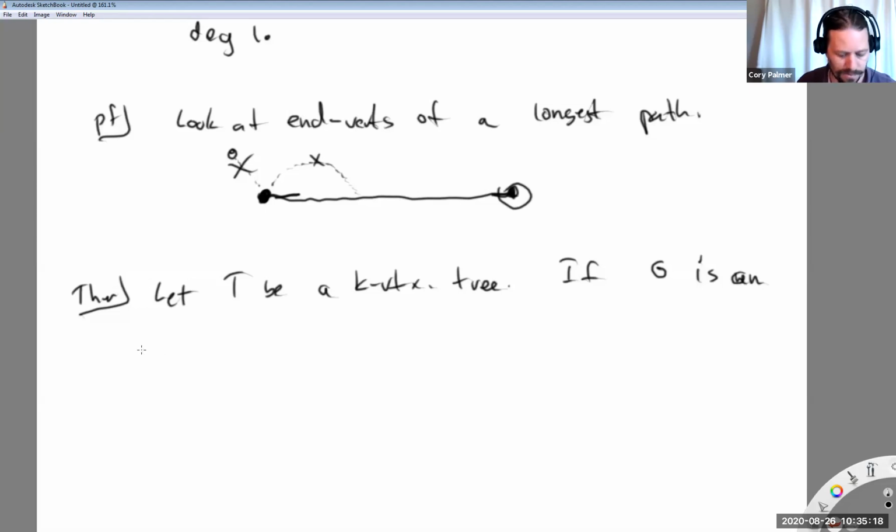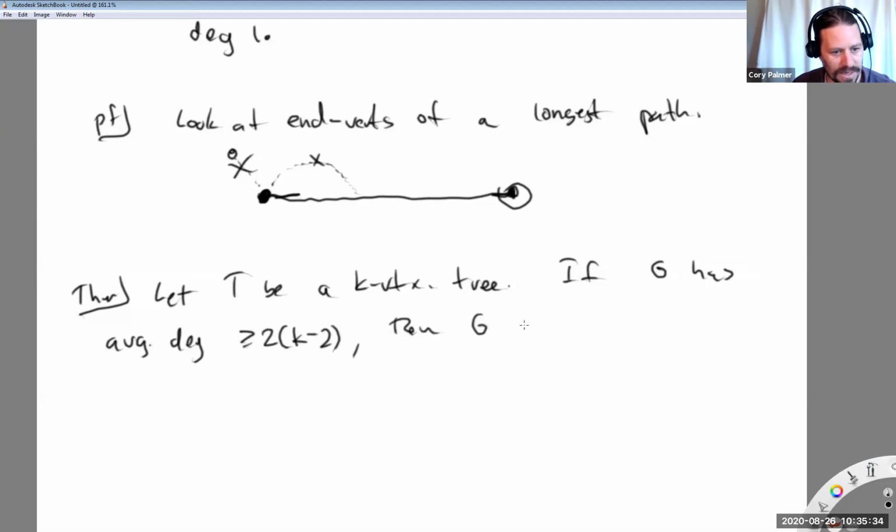So let's say if G has average degree at least 2 times k minus 2, then G contains T as a subgraph.